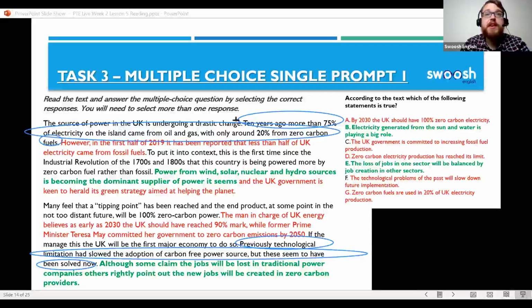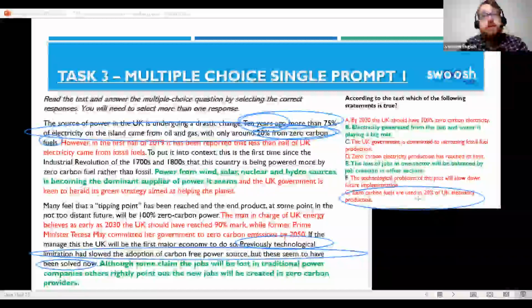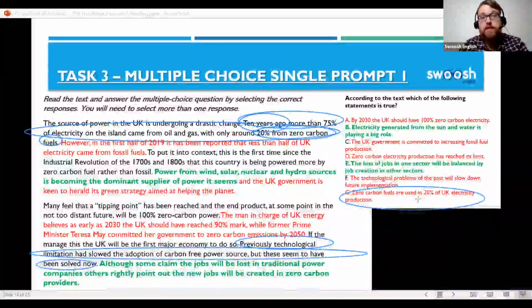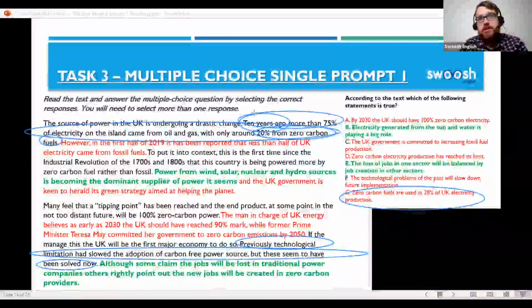So even though we have 20% from zero carbon fuels, that refers to 10 years ago. This states they are now used in 20% of UK electricity production. So the passage itself refers to the past, whereas statement G refers to the present, therefore eliminating that as a potential correct answer.